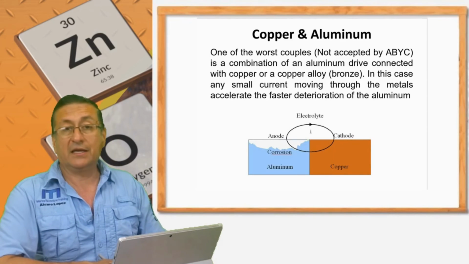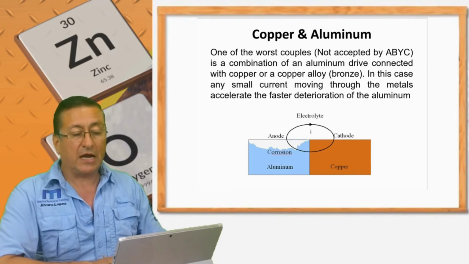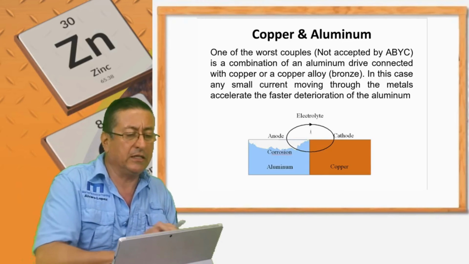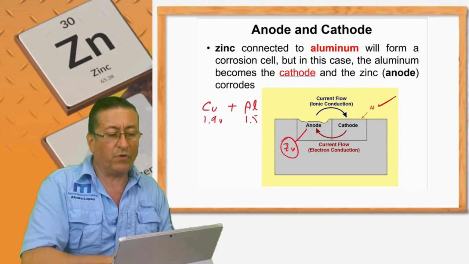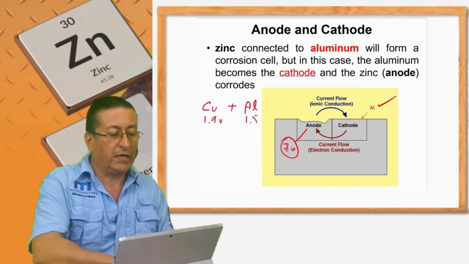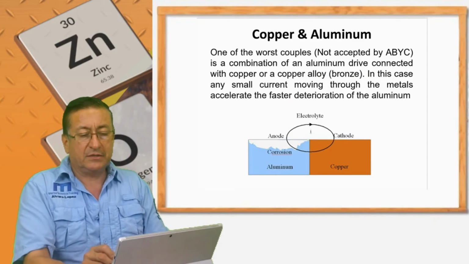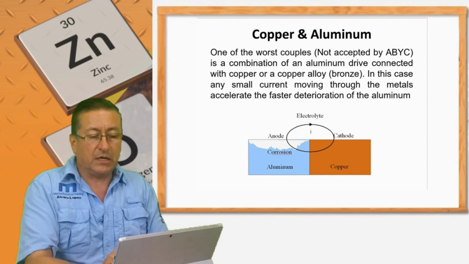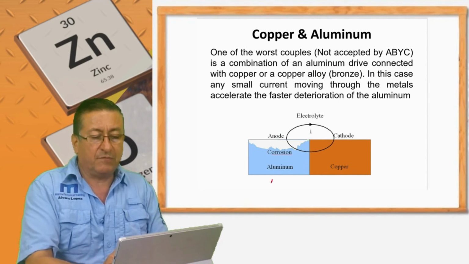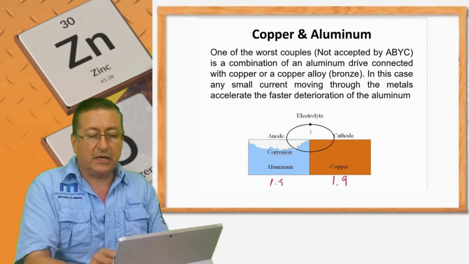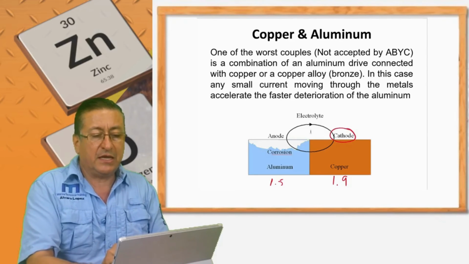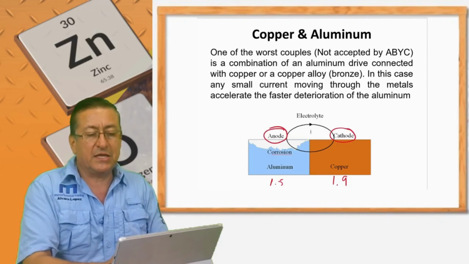Yeah, this is the example of aluminum and copper. You remember I explained in the previous one, aluminum is 1.5, copper 1.9. We have this example here. This is the perfect example. Aluminum is 1.5 millivolts of electronegativity, and this is 1.9. This is the element with higher energy, this is the cathode, and this is the element with less energy, the anode.